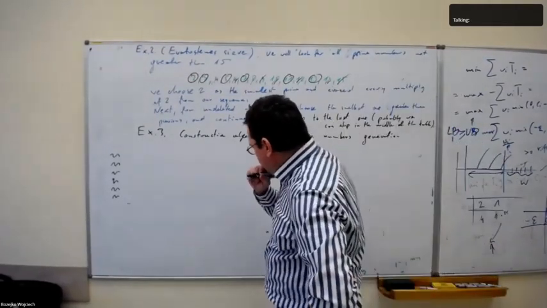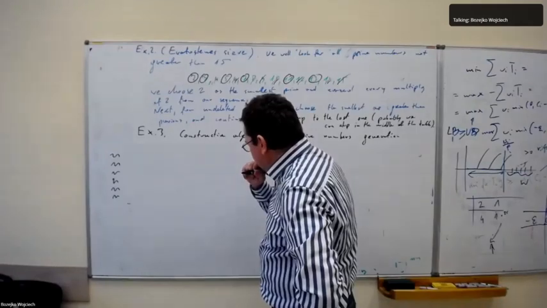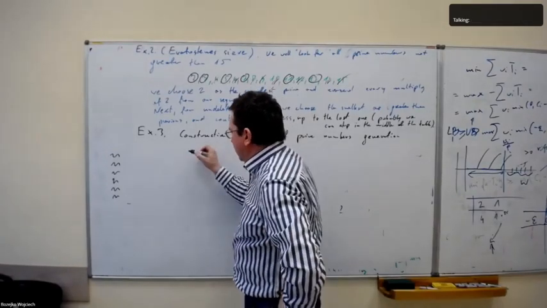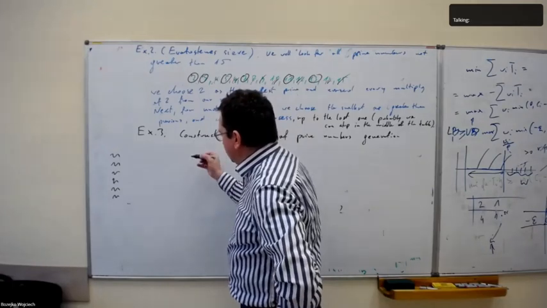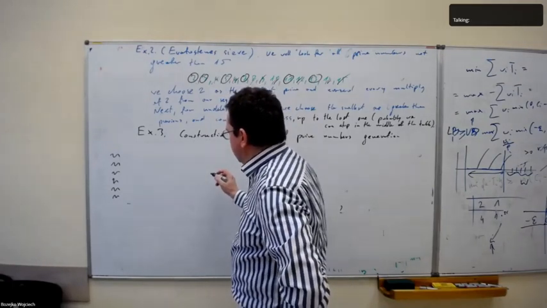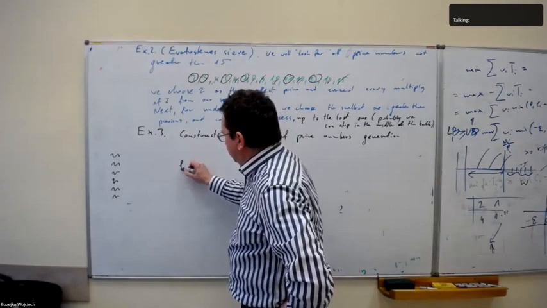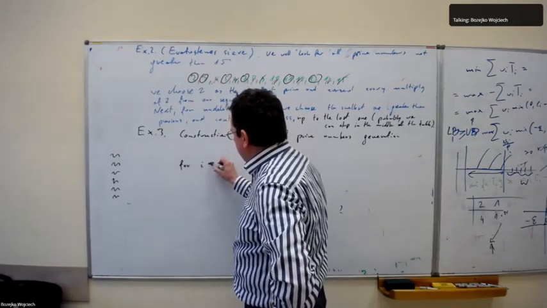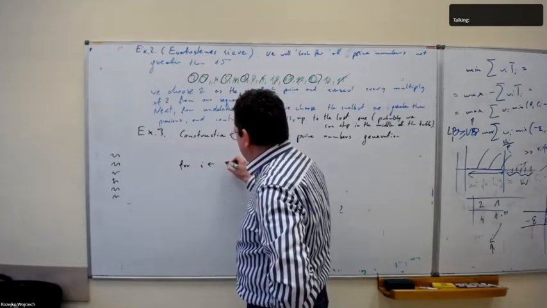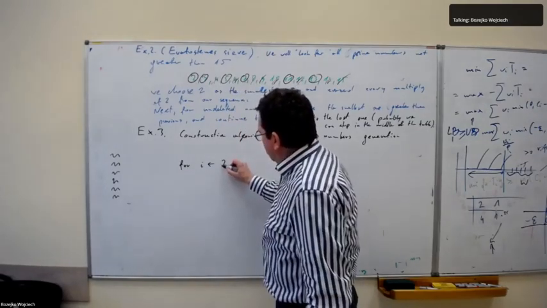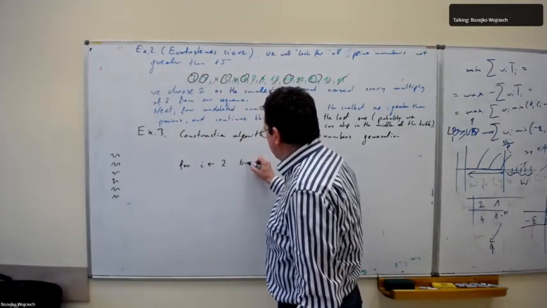Let us try to write it in such a way. We'll generate candidates. Okay, so let us make a kind of loop. For i, let it be to n.